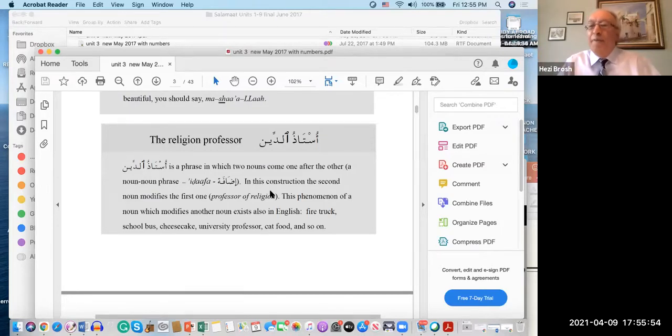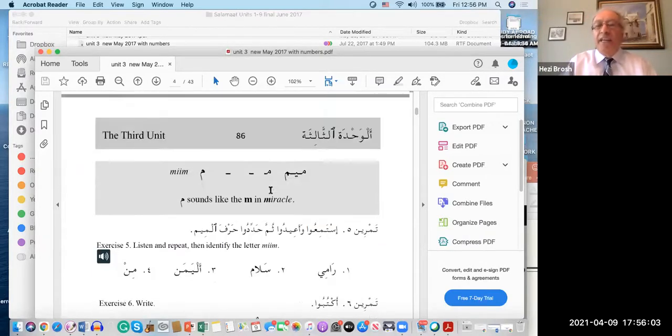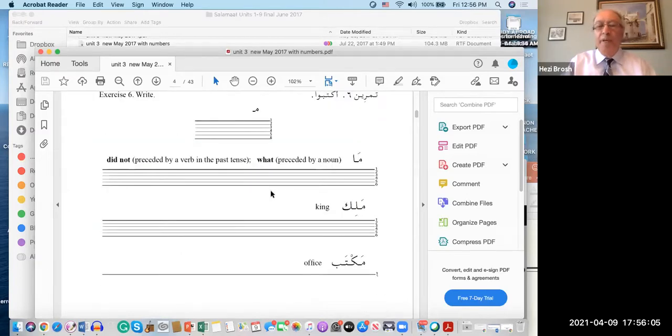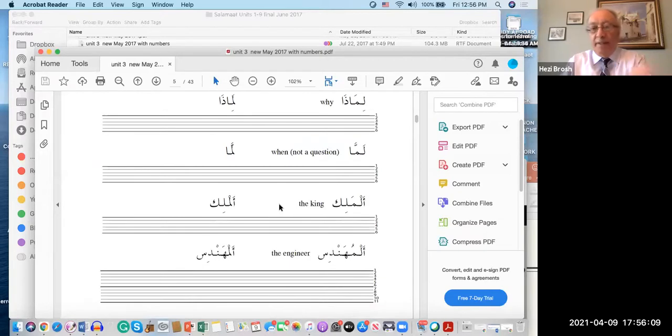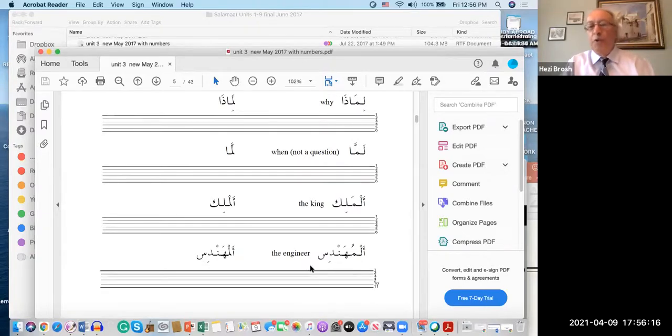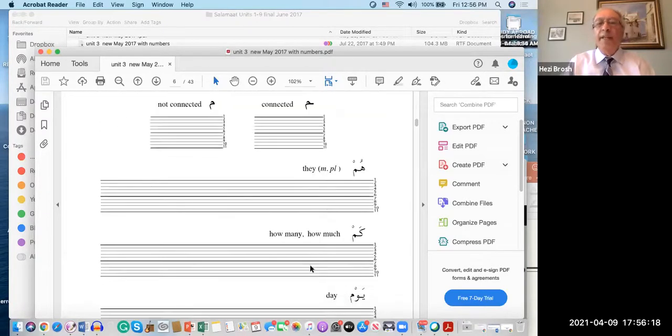I started giving them examples that a noun can modify another noun. And they were amazed, because once they start learning Arabic, their English grammar becomes better. So these are the words, and the handwriting is inserted inside. It's not the original book, but you get the idea.